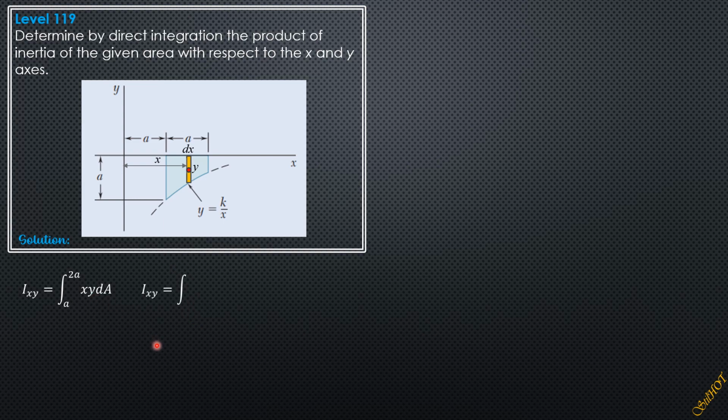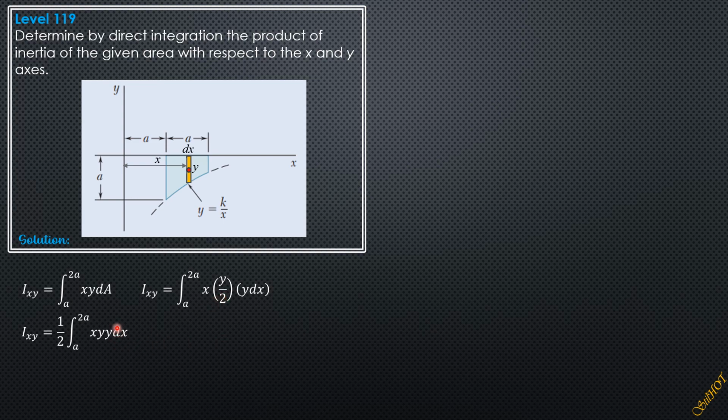So Ixy is the integral from a to 2a because the variable of integration is x. It begins with a and ends with 2a. So we have x, which is just x, and y over 2, with dy dx. So Ixy therefore is 1/2 the integral from a to 2a of x times y dx.